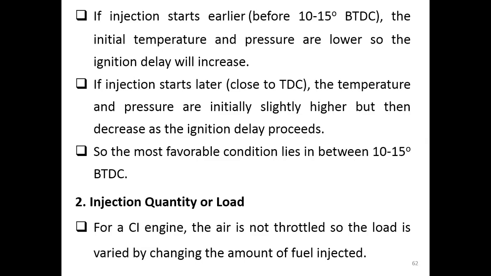The second factor is the amount of fuel injected, or injection quantity, which depends on the load. So for the CI engine, we do not control the amount of air. The load to the engine can be varied by changing the amount of fuel injection.